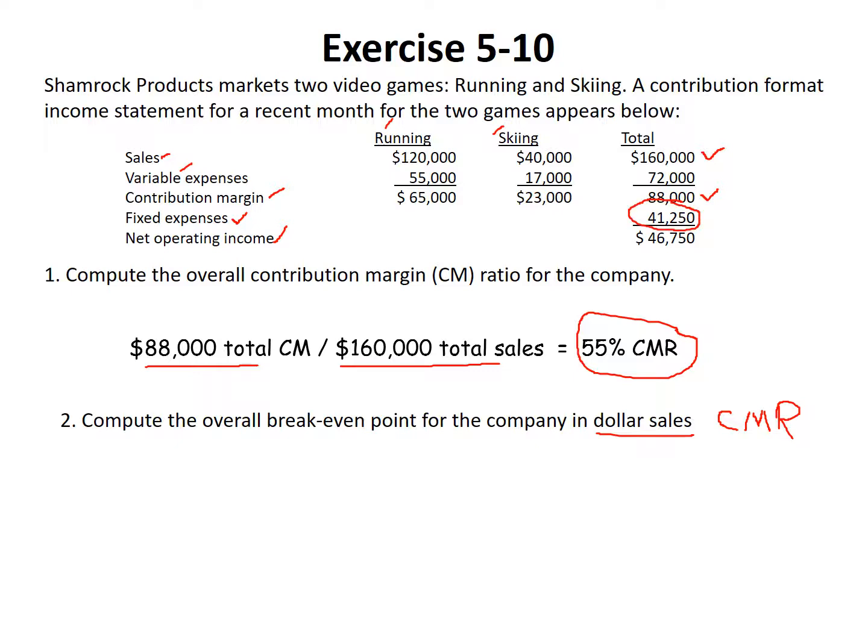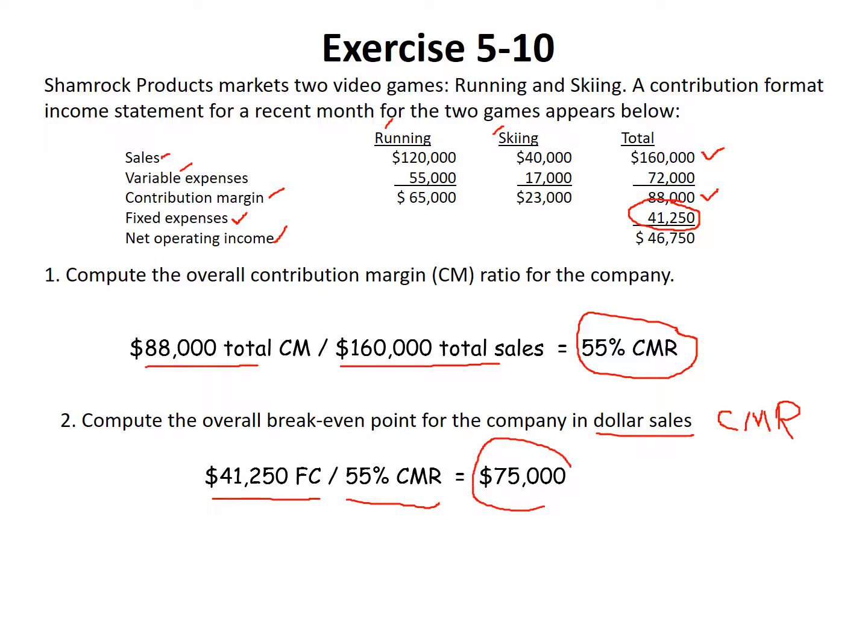So the calculation is fairly easy. We take the $41,250 in fixed costs, I call them fixed costs instead of fixed expenses, and divide that by our 55% contribution margin ratio. That means the overall break-even point for the company in total sales dollars is $75,000.